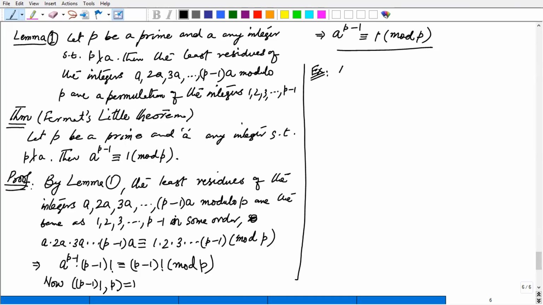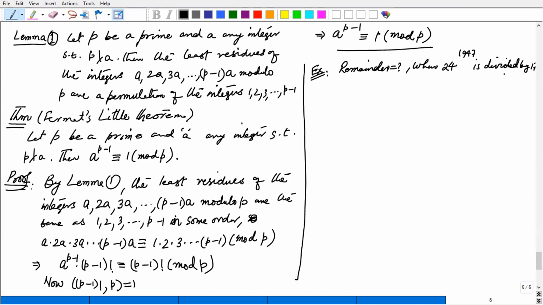find the remainder. So we have to find the remainder when 24 to the power 1947 is divided by 17.